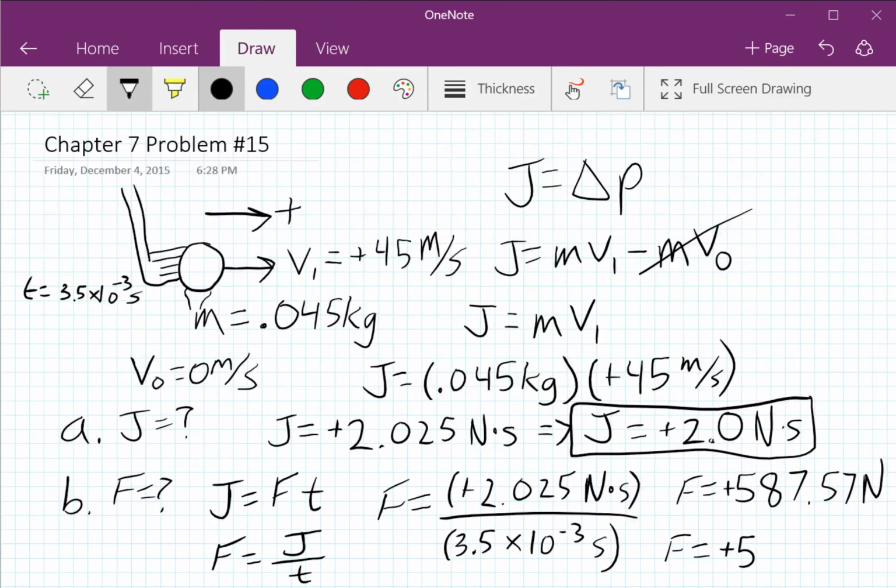That means that with significant figures, you'd have a positive 5. Wait, was it 5.87? Hold on, I think I might have made a mistake. I think I wrote that wrong. 2.025 divided by 3.5.